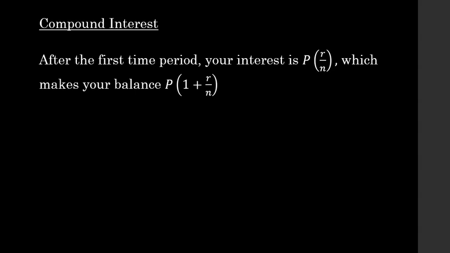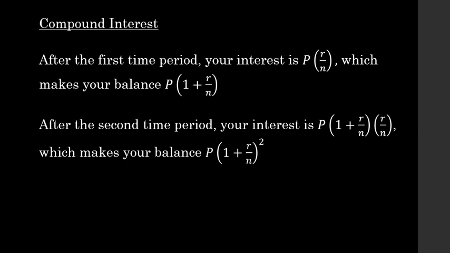The interest you're getting is P times R over N, which makes your balance at the first time period P times the quantity 1 plus R over N. When the second time period hits, you're getting the interest of P times 1 plus R over N times R over N. We have that same factor of R over N, but now it's on the balance that you had at the end of your first time period, not just on what you put in at the start.